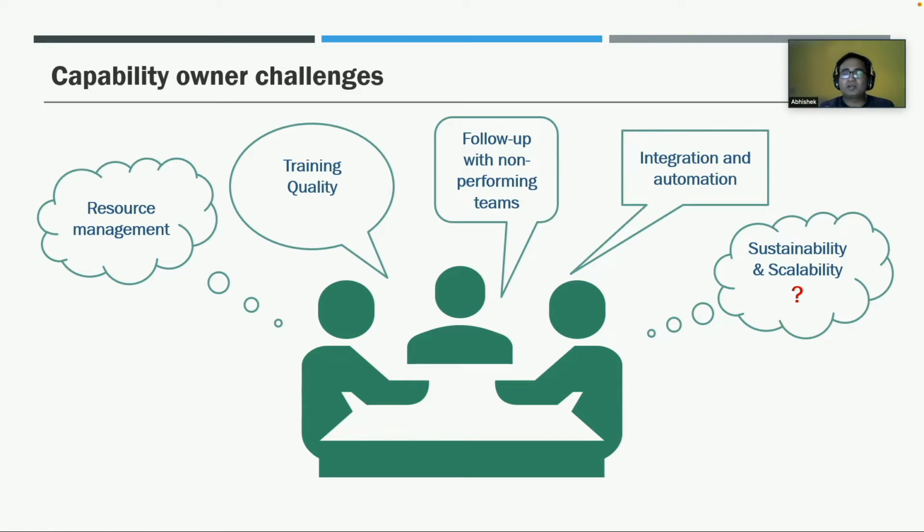How are we going to identify and help those teams which are not performing afterwards? Integration and automation: how can we enable our approach to integrate with other processes and DevOps tooling? So it became a challenge to make this capability sustainable and scalable with the current approach.